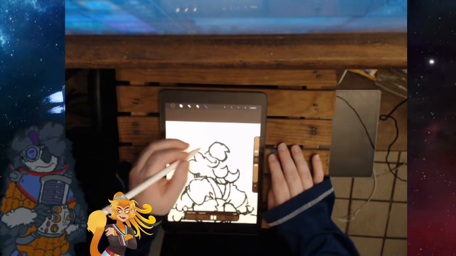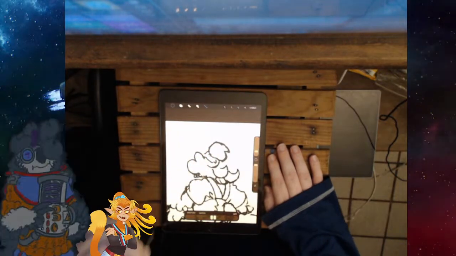Yeah, it's like it's straight up an animation. Like no wonder it's hard.